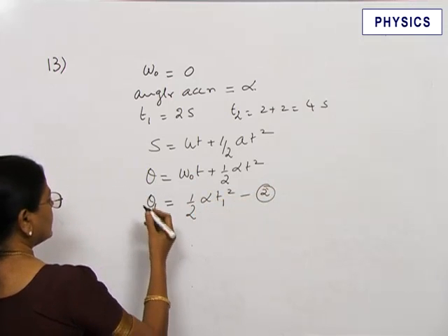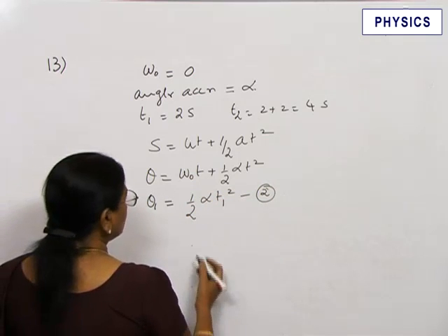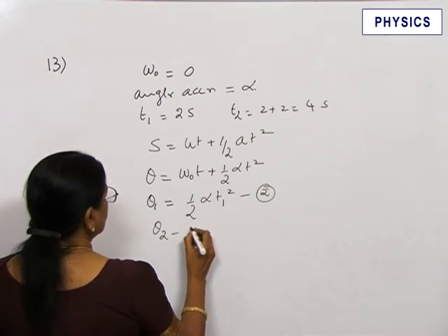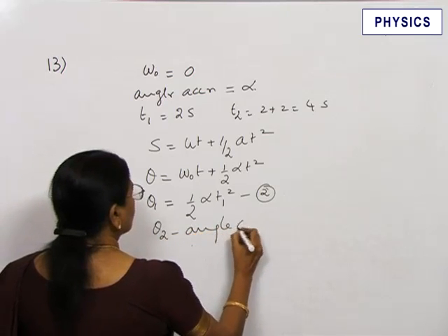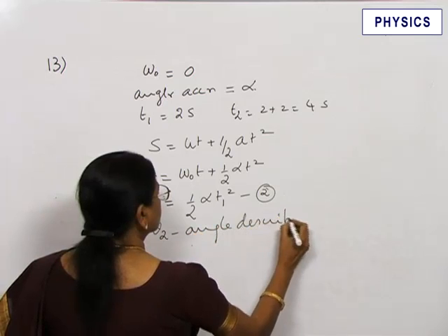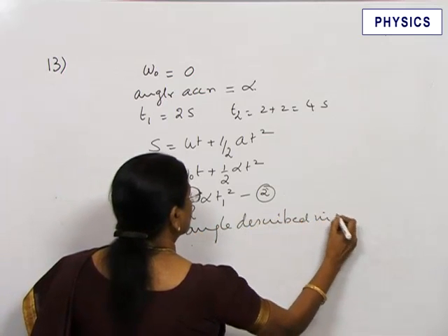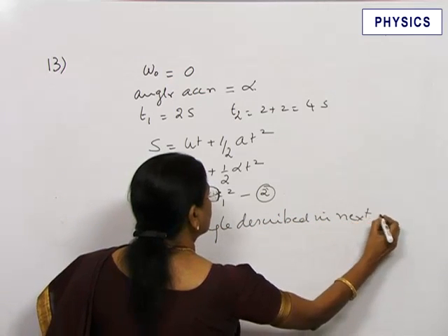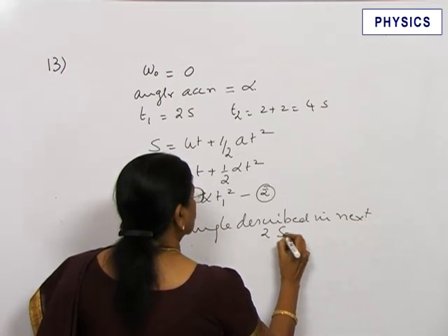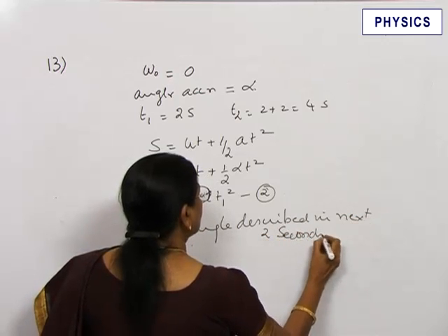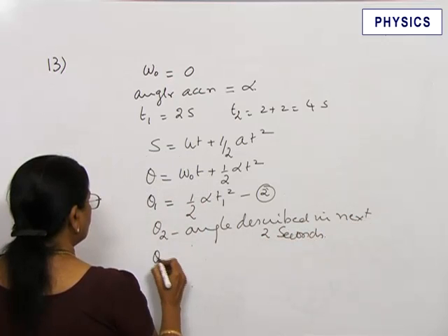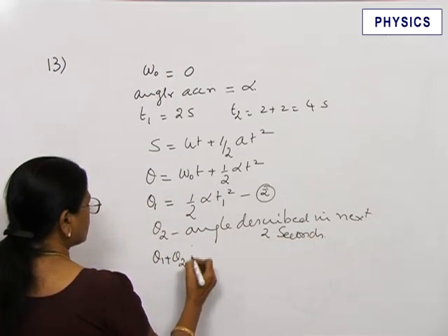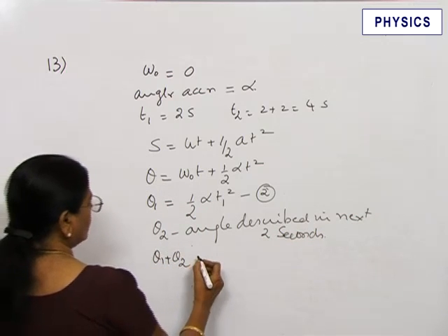Next we will take theta 2 as the angle described in the next 2 seconds. So what is the total displacement? It is theta 1, already it has described theta 1, then in the next 2 seconds theta 2.